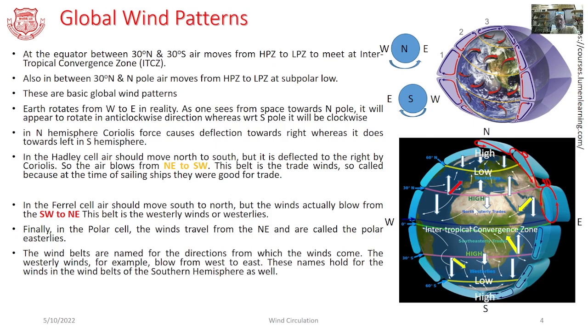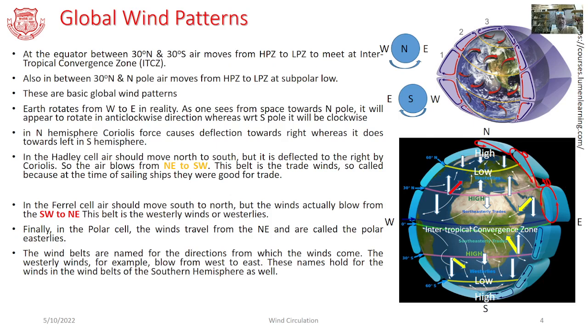But actually, the wind moves from the southwest to northeast. This belt is of westerly winds or westerlies. Finally, in the polar cell, the wind travels from the northeast direction and is called the polar easterlies.